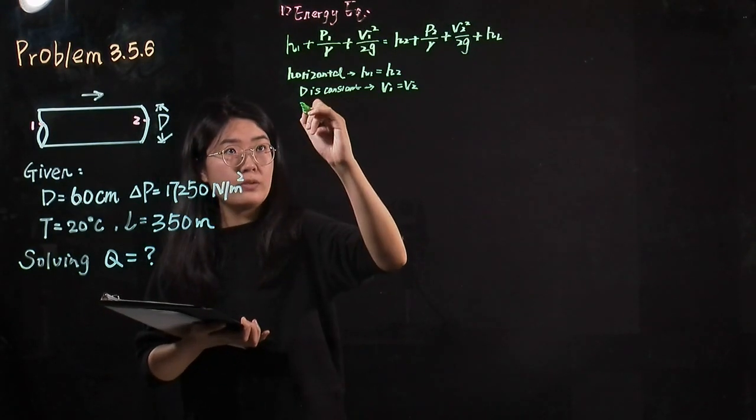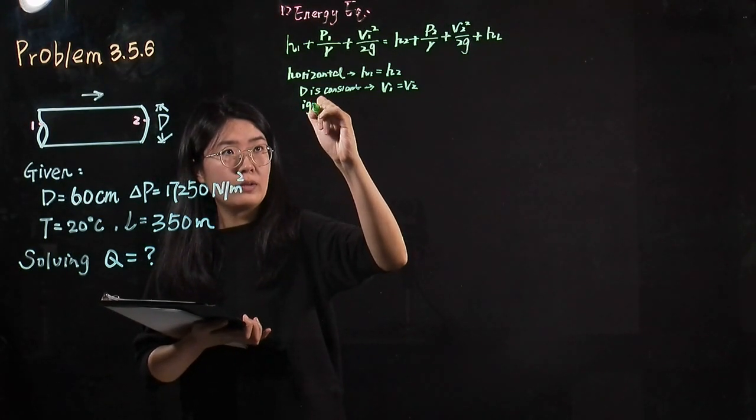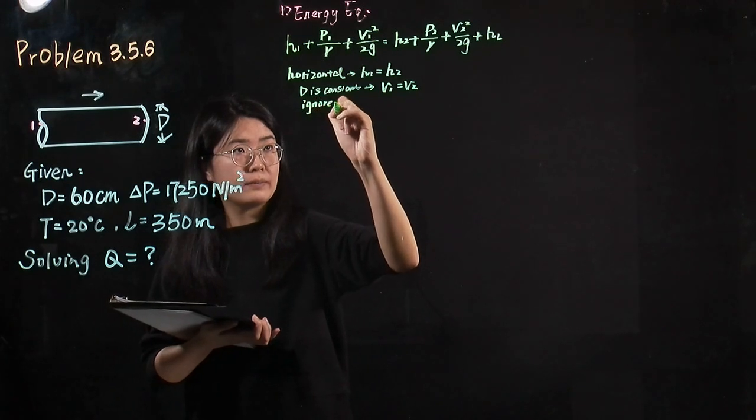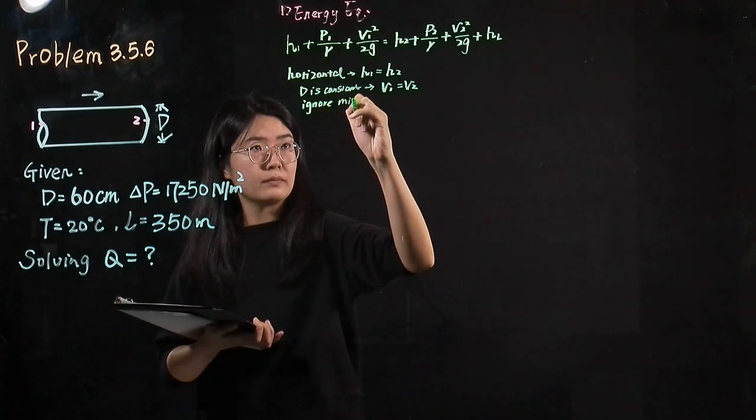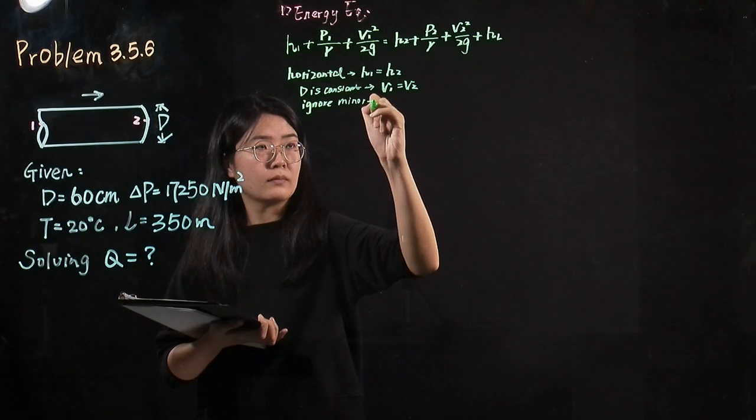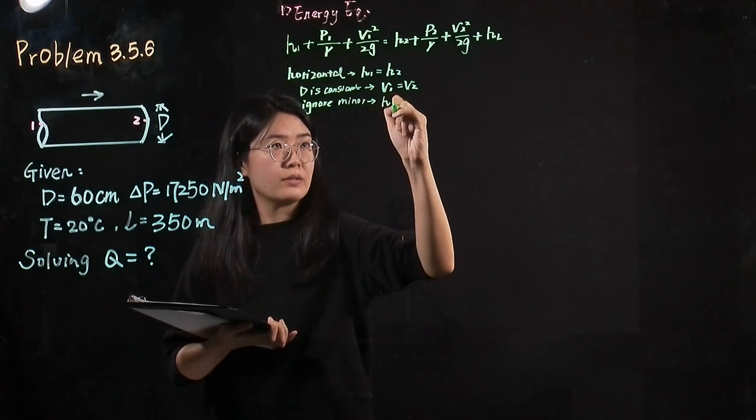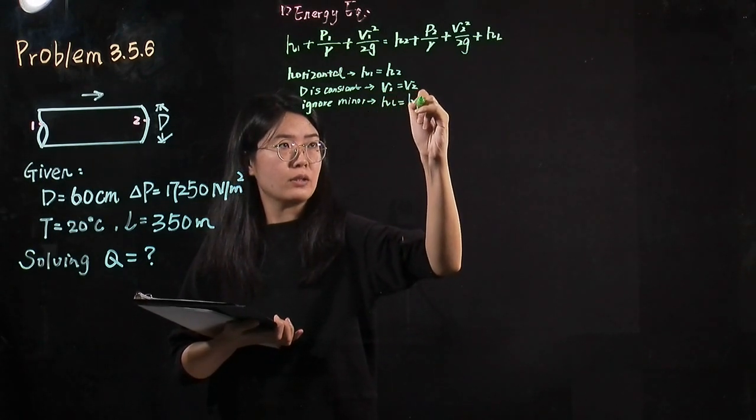And it also said we should ignore the minor loss, so the head loss is equal to the friction loss.